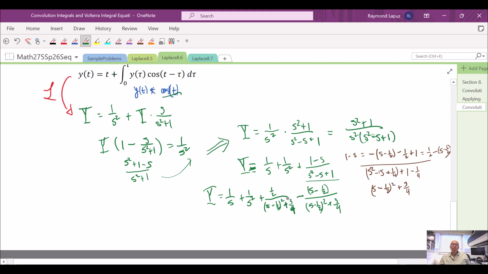Okay. All right. It looks messy, but what does that mean? These things are actually a shift. This is a shift with a cosine. This is a shift with a sine. Now there's something else missing with a sine here, and that is we need the square root of 3/4 up in the numerator.